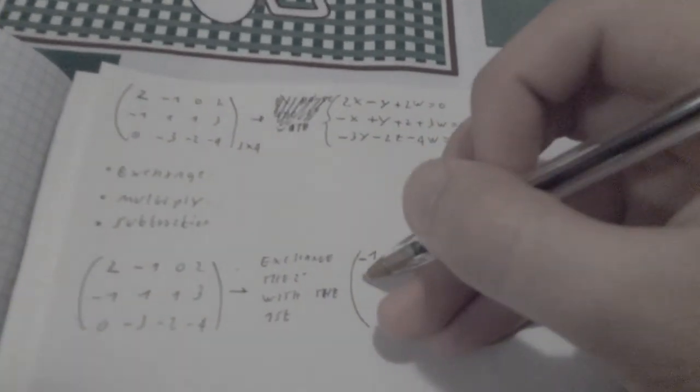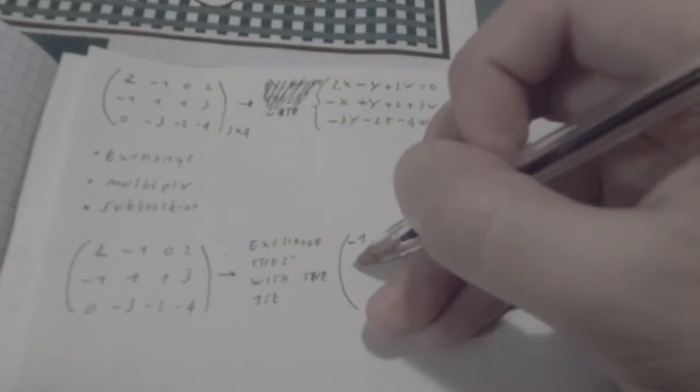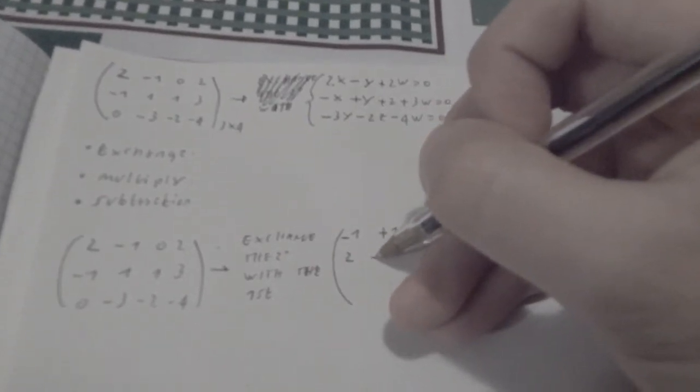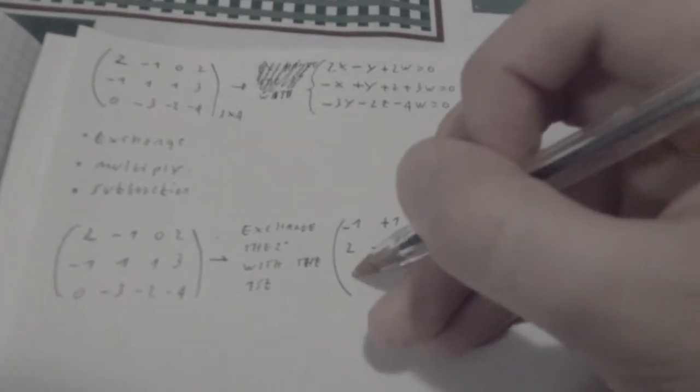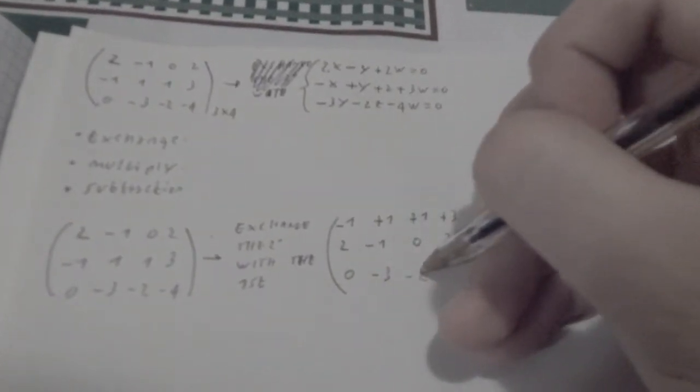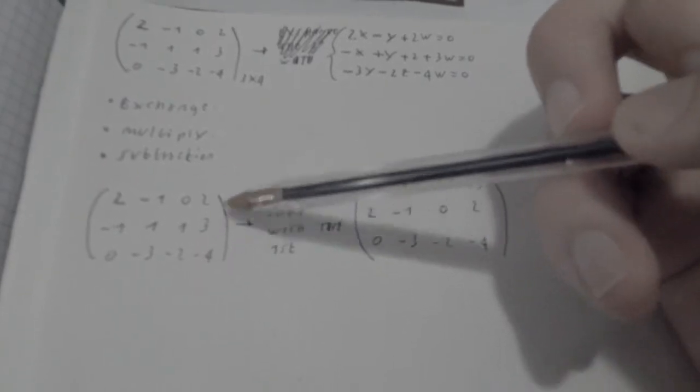I'm sorry. I was looking at another example. Okay, so 2, -1, 0, 2, 0, -3, -2, -4. Okay. So I'm sorry about the mistake. I just exchanged them. So I brought this one up here and this one down here. Okay. So this is something simple.